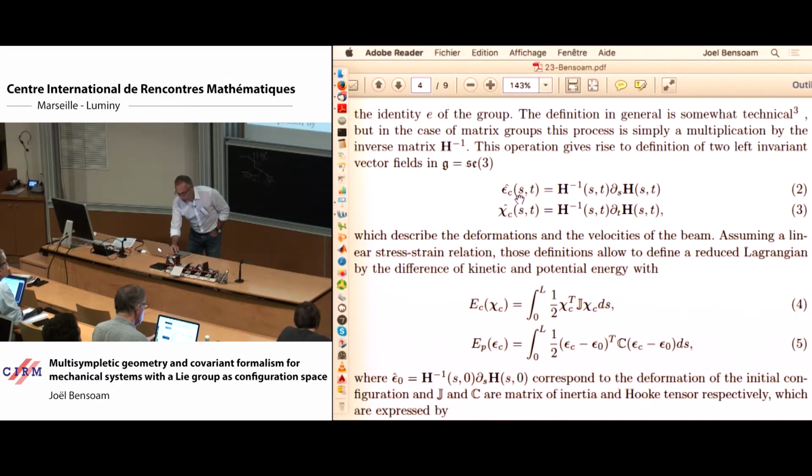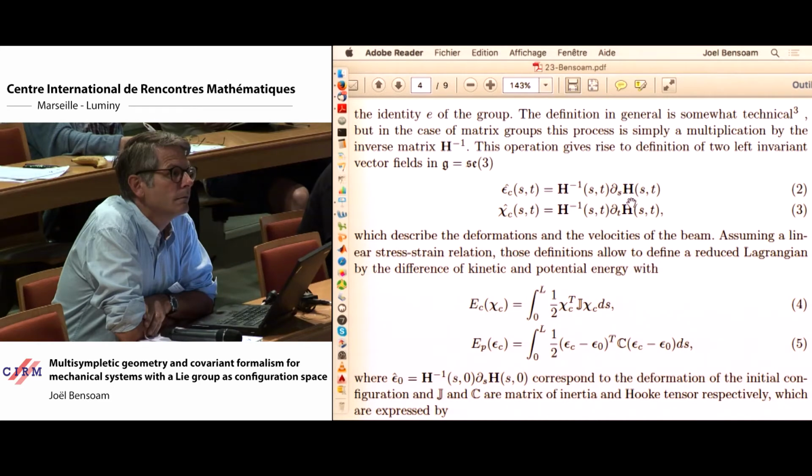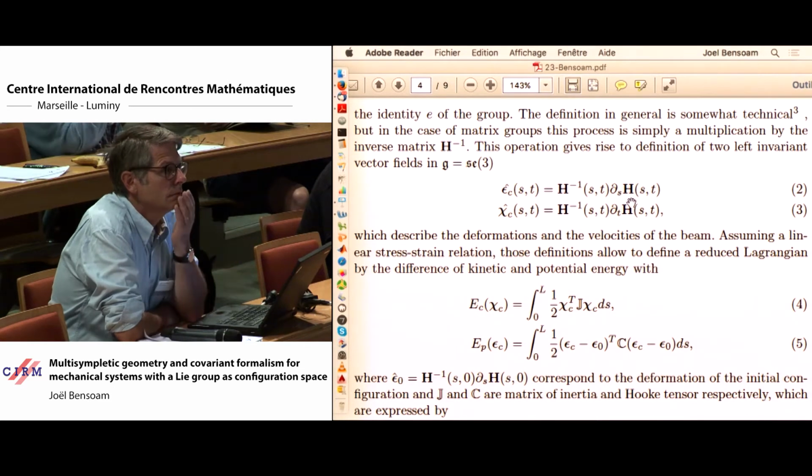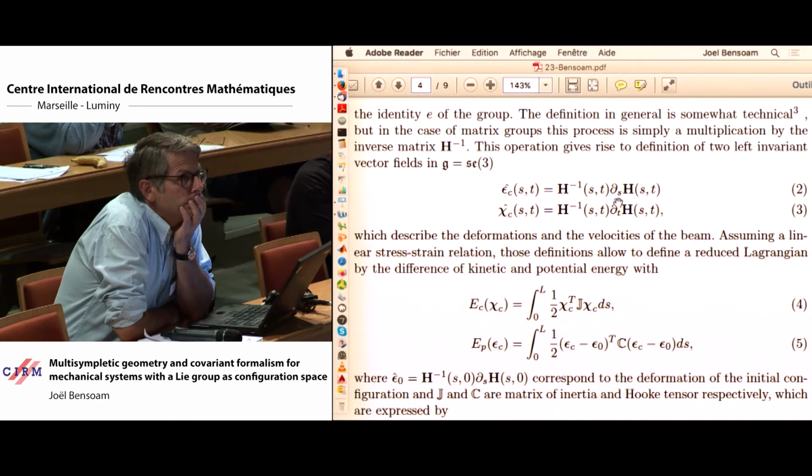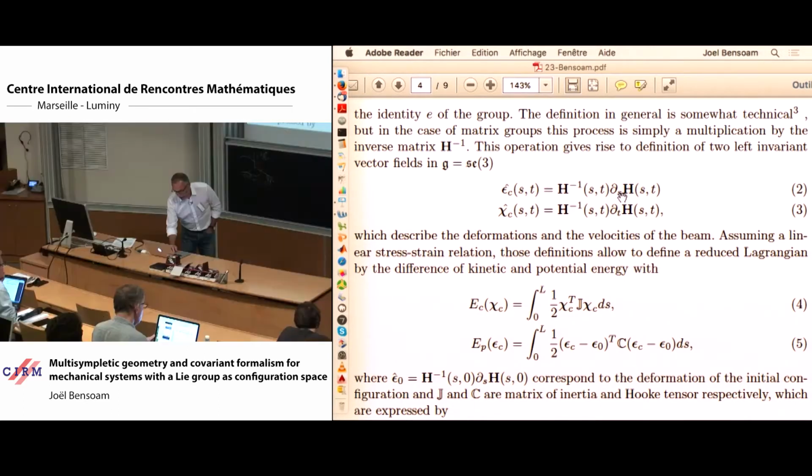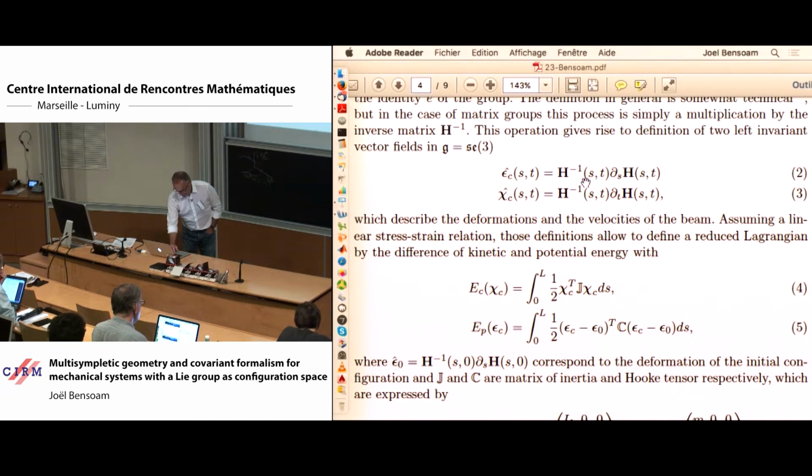We can compute the derivative along time and along space. Space is given by the S coordinate. And we move back this velocity to the unity.